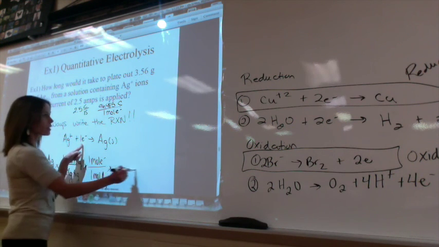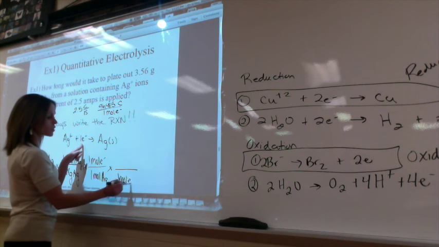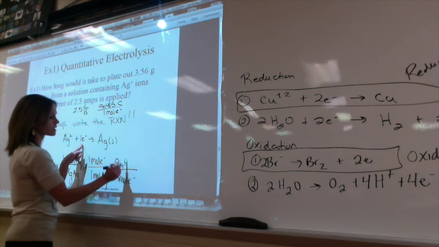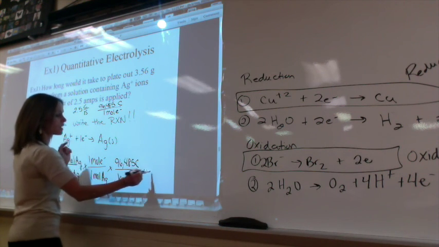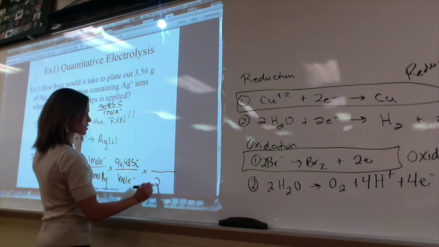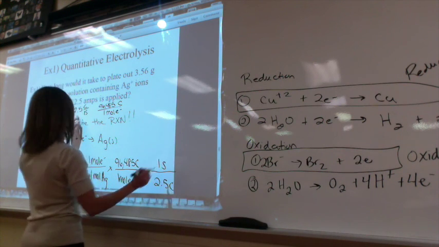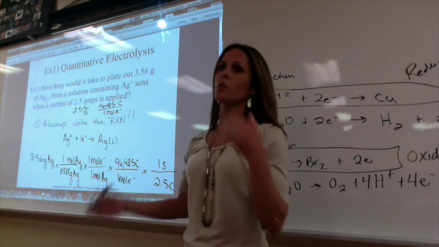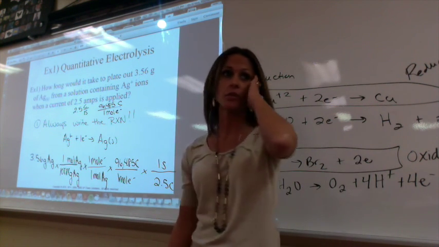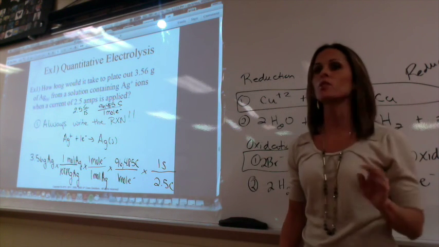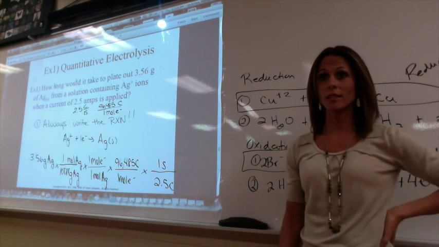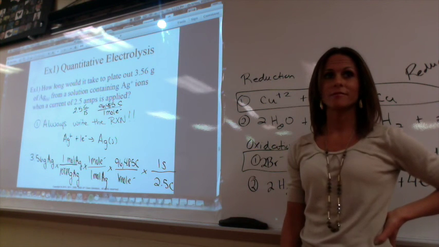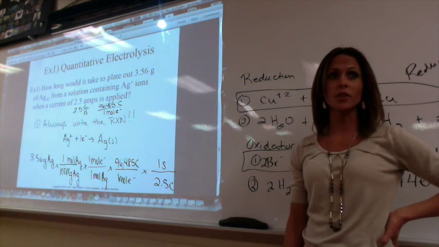And then from here, I'm going to go from 1 mole of electrons to coulombs, Faraday's constant, 96,485 coulombs. And then I'm going to use my amp, which is 2.5 coulombs to 1 second. And that's how I can figure out seconds. If it asked me to figure out minutes, then I would convert to minutes, and so forth. I promise you I'm giving you this on your exam. Do you hear me? Promised. And as a multiple choice also.